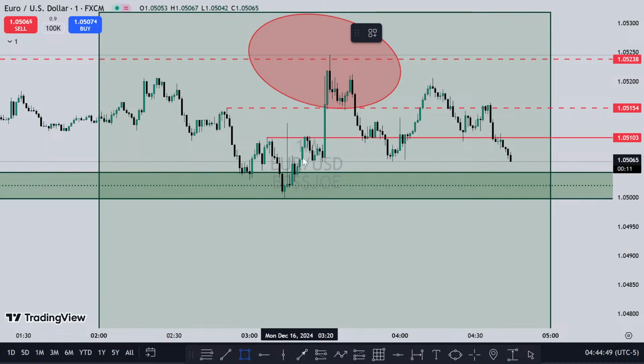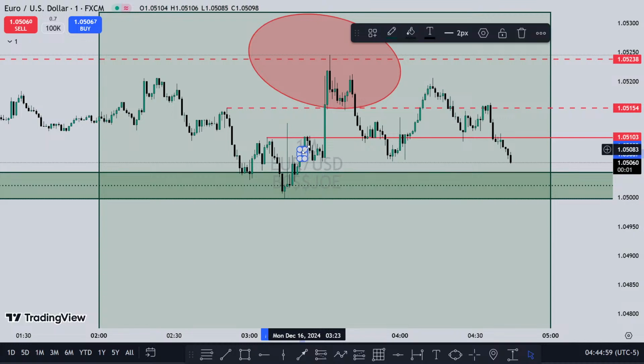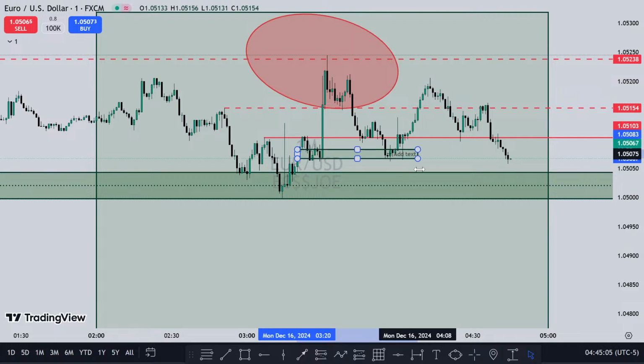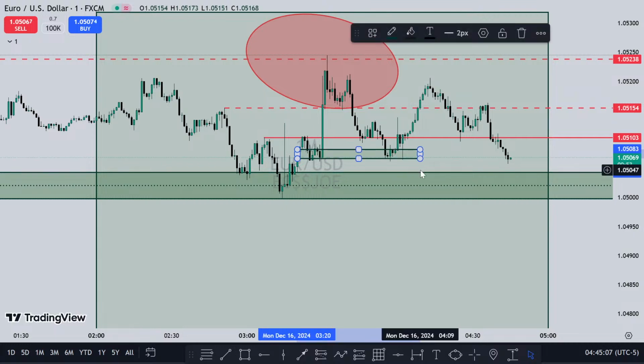In this swing that broke the high, you can notice there's a fair value gap right there. Did you see that? There's a fair value gap right there. That is our entry, guys.